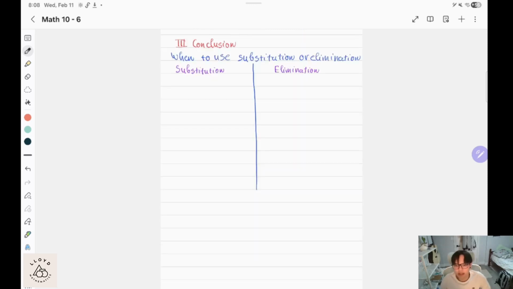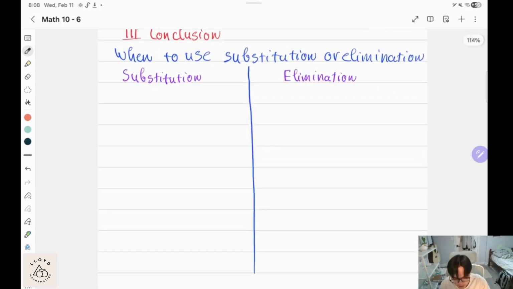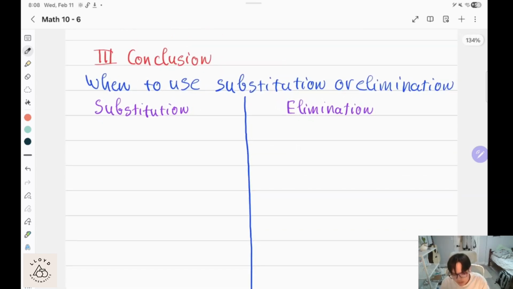Okay, and the last part is a conclusion, and here I will list some of the situations in which we use each of these methods. First of all is substitution. We can use that when there is a variable that is isolated outside of the equation.